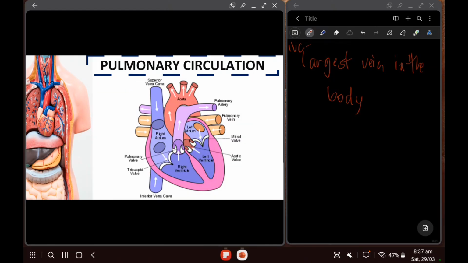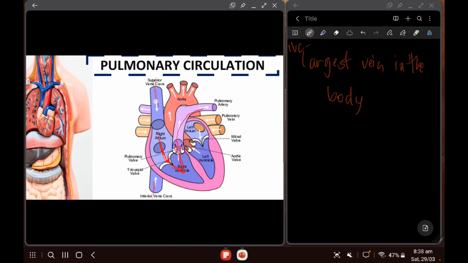So, let's go over it again. The heart receives blood either from the IVC or SVC into the atrium. From the atrium, the blood goes to the tricuspid valve, which is the valve of the right atrium. Then, it goes to the right ventricle. From the right ventricle, we have the pulmonary valve, then the pulmonary artery.